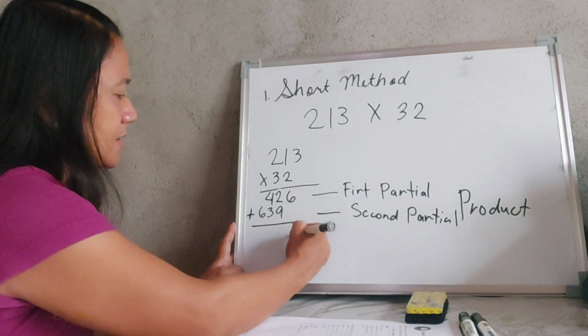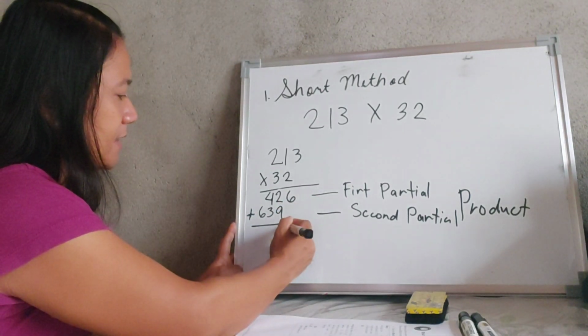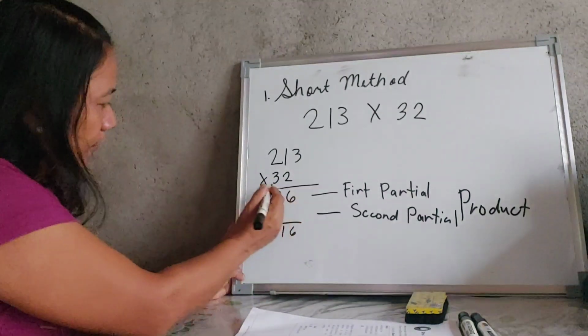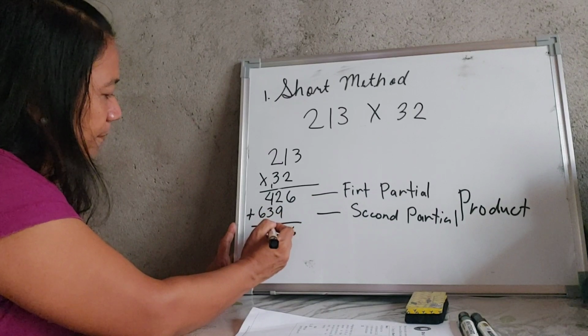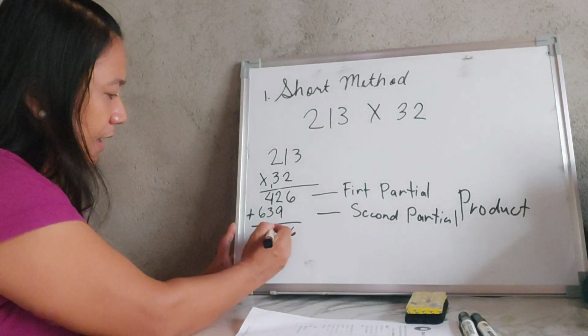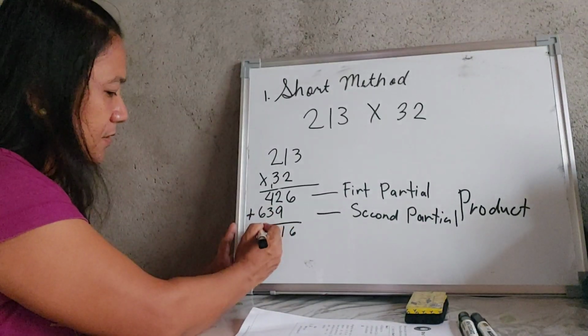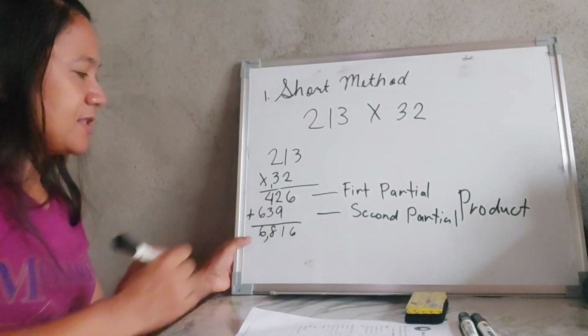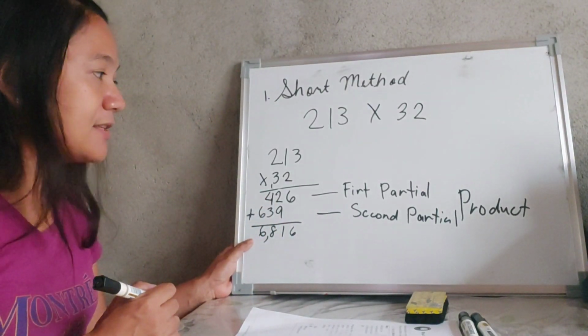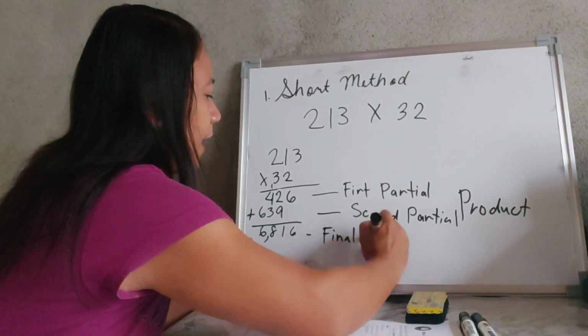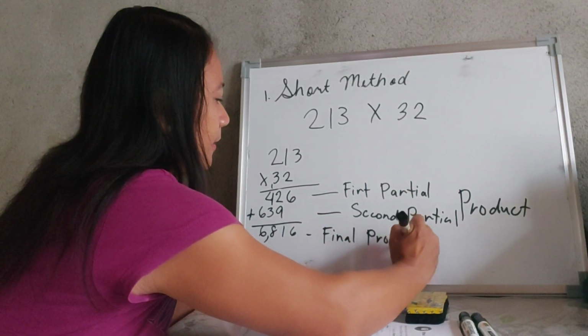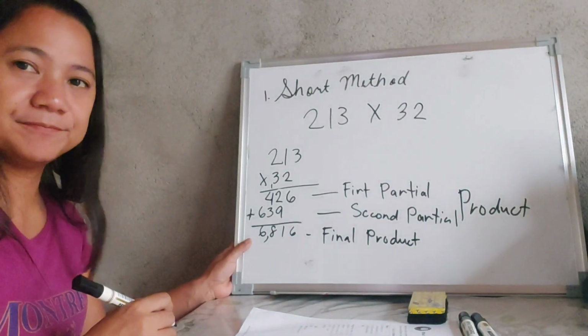So 2 plus 9 is 11. 1 plus 4 is 5. 5 plus 3 is 8. And write down 6. So 6,816 is the final product.